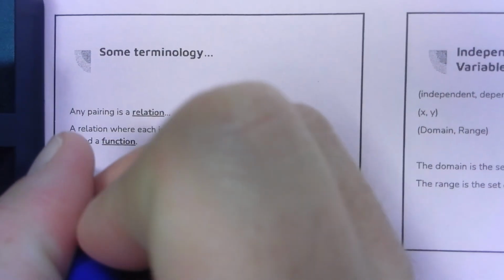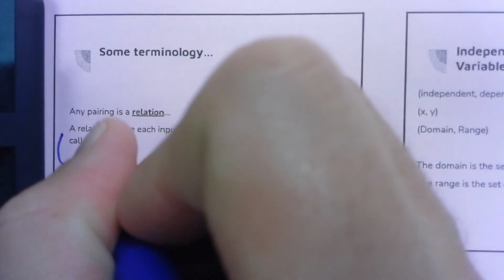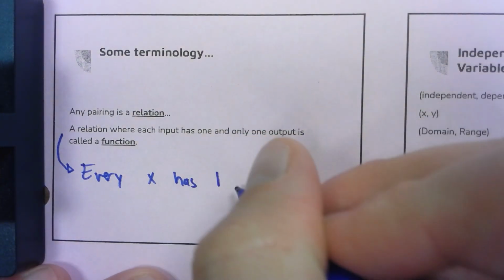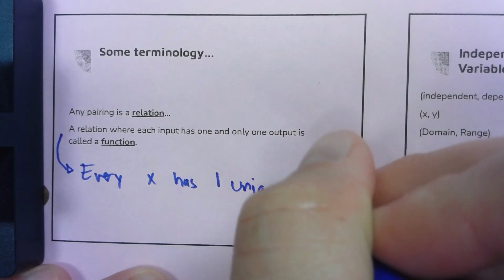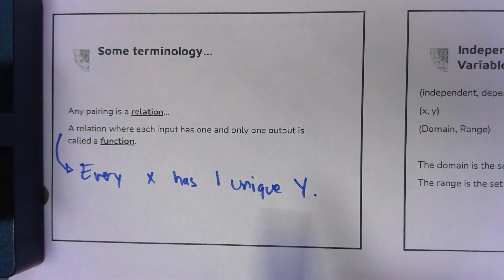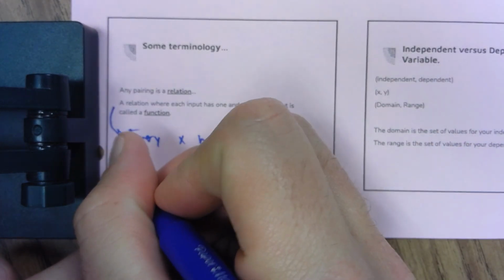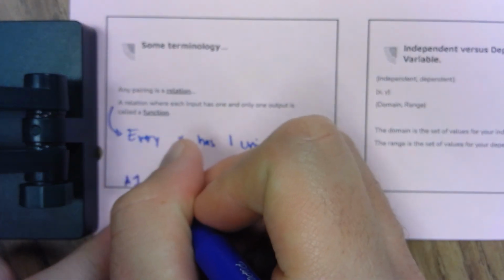Another thing we're going to look for is that every x has one unique y. Or in the vending machine case, every input, so if we press A1, we want to make sure we're getting the Reese's. Let's put an example right here. Say we press A1, that gives us the Reese's.